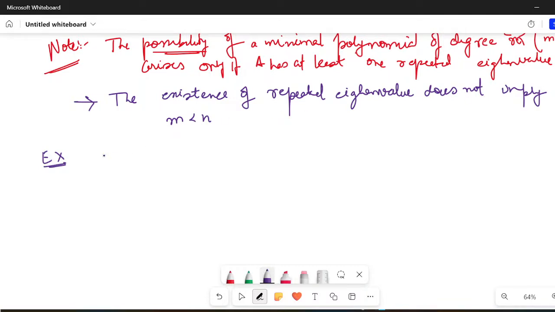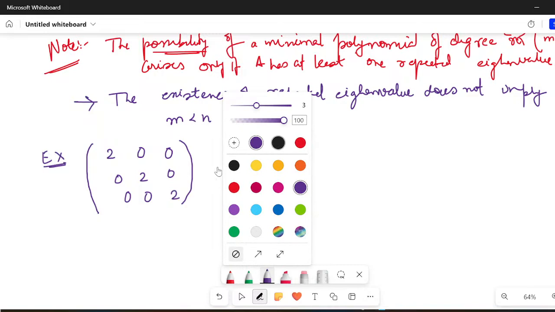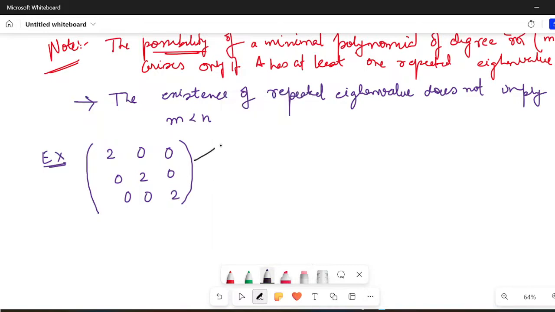Let's say I will give you one example. Let's say this is your matrix: 2 0 0, 0 2 0, 0 0 2. So this is a diagonal matrix. What do you expect your characteristic equation to be?